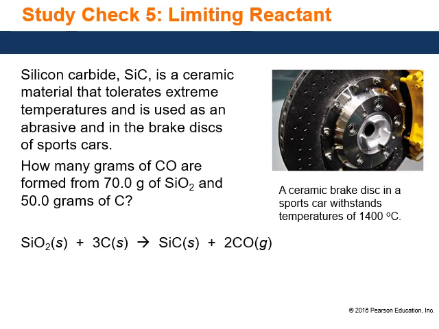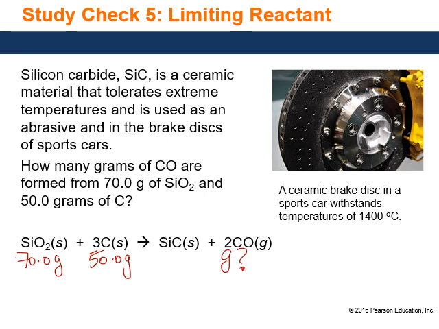Silicon carbide is a ceramic material that tolerates extreme temperatures and is used as an abrasive and in the brake disc of sports cars. How many grams of carbon monoxide are formed from 70.0 grams of SiO2 and 50.0 grams of carbon?